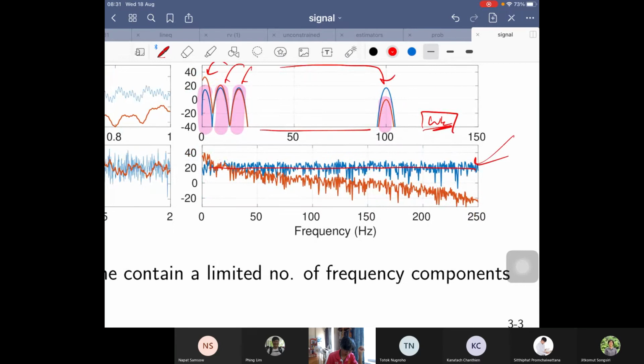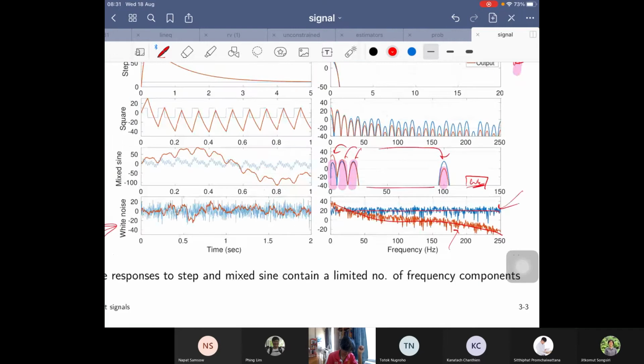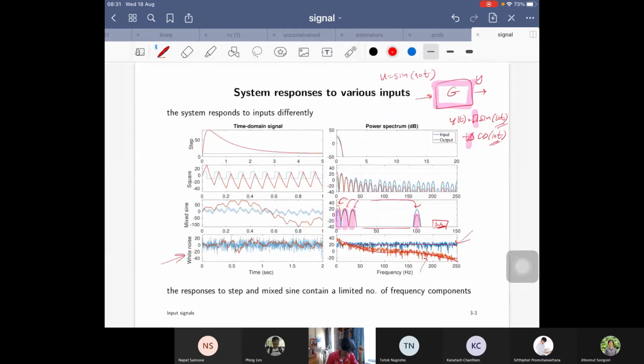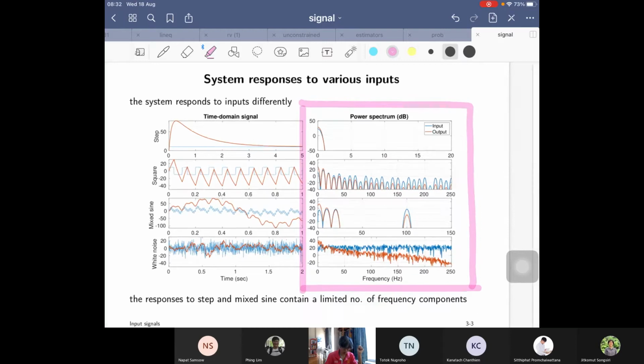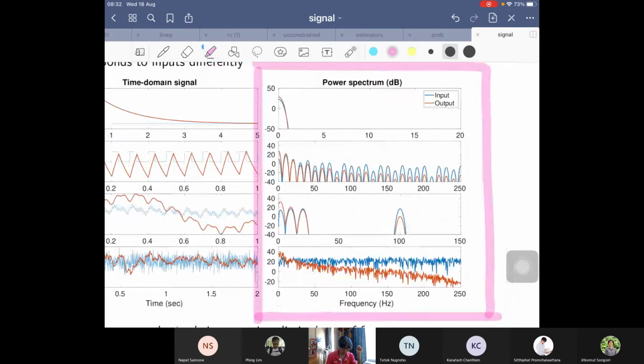Okay, and the orange one is the power spectrum when you apply white noise as the input. So there's a kind of decreasing trend here at the higher frequencies. So if we look at the frequency response of the output after you vary various types of inputs, what does it suggest to you?